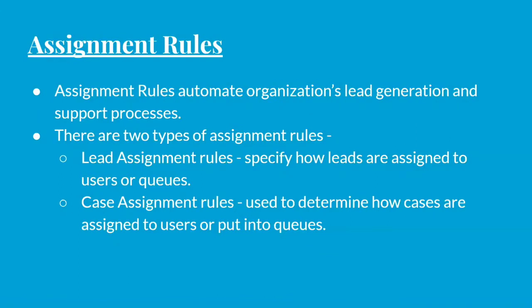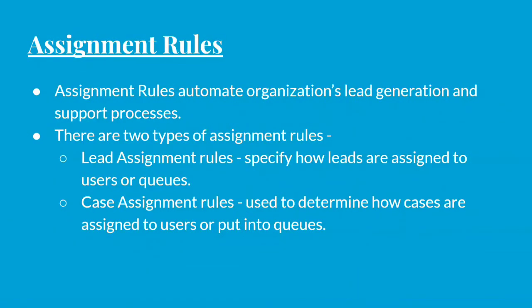So how do you set those rules, that if the lead is of this type, it should be routed to this particular person? Those rules, which help you assign leads to the correct team or the correct person according to your organization's process, are called lead assignment rules.